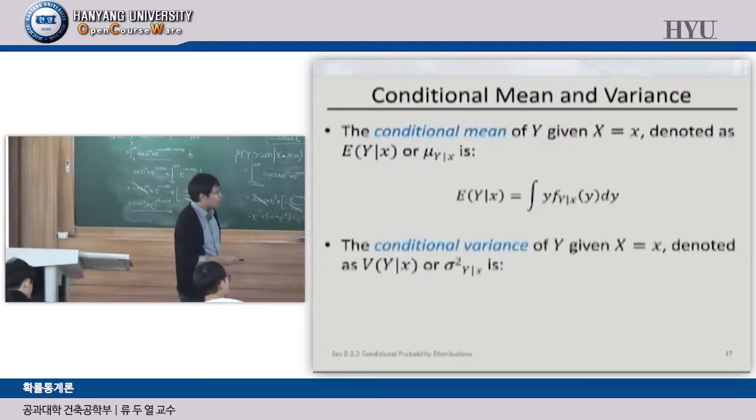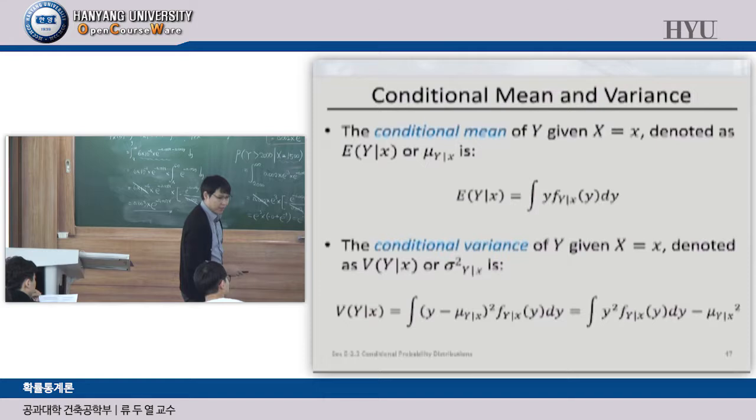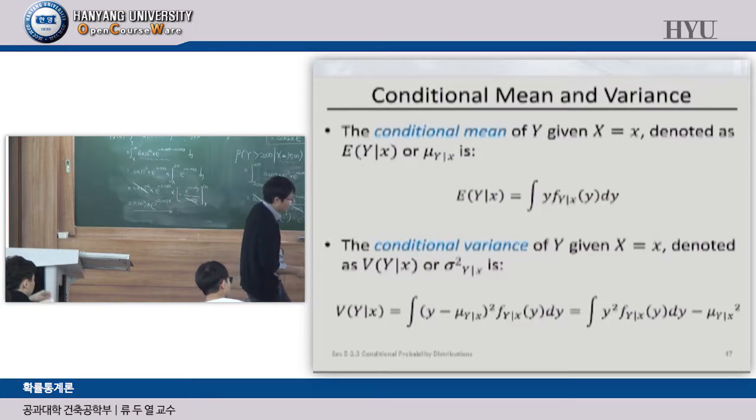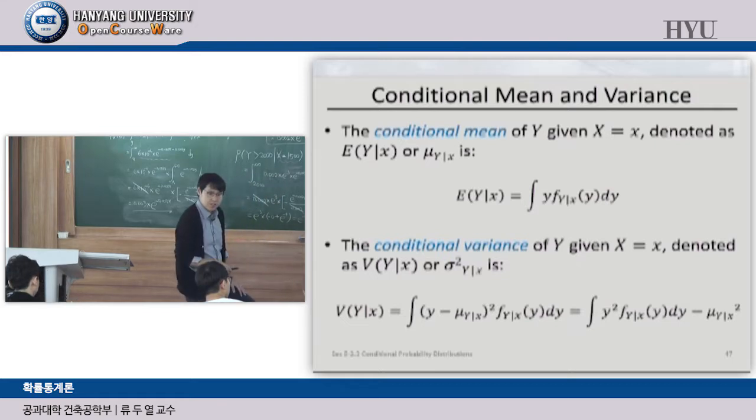And the conditional variance of y given x, denoted as V(Y|x) or sigma square y given x, can be expressed by this equation. The integration of y minus the conditional mean, squared, times the conditional probability density function. And this is also the identical formulation with the previous discrete case, but the summation is just changed to the integration because this is the continuous random variable case.